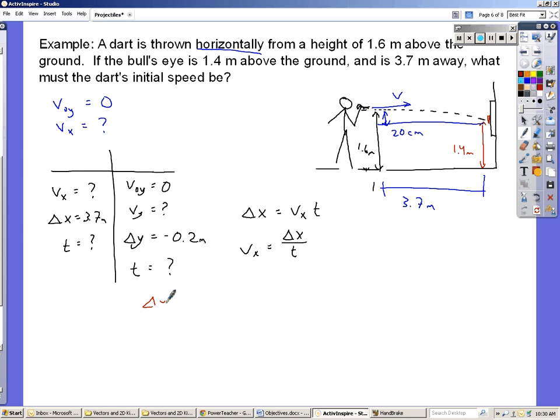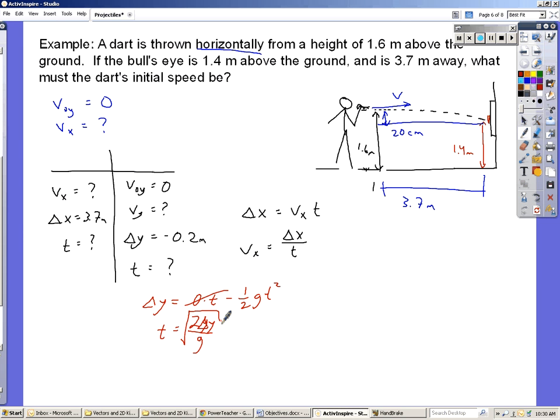So we'll say delta y equals v naught y is 0, minus 1/2 gt squared. And we know g, we know delta y, so we can find t. Thankfully it's not a quadratic, although some of them will be. t equals the square root of 2 delta y over g.